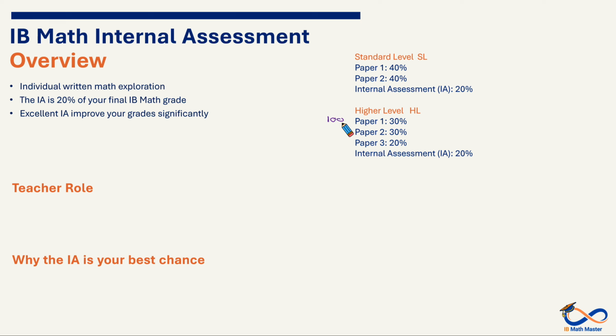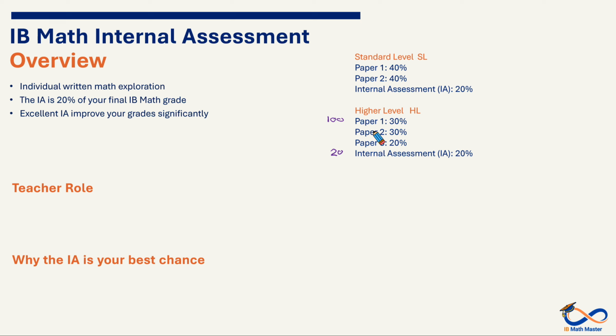If you divide 100 by 30, you will get 3.33, which means 3.33 marks makes up only 1% of the final IB Math grade. But in the IA, it's 20 marks, and those 20 marks make up 20% of the final IB Math grade, which means 1 mark here makes up 1%, which is really a lot compared to the IB Math exam papers.